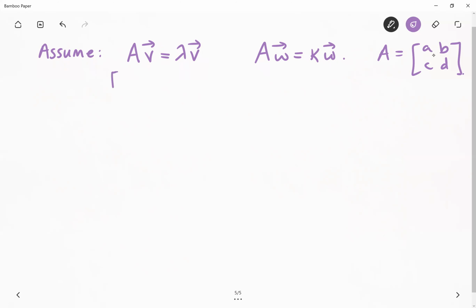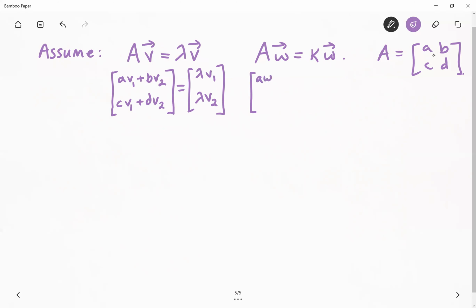This first equation, once we multiply this out, on the left-hand side we have A V1 plus B V2, and the second entry would be C V1 plus D V2. It's equal to lambda V1, lambda V2. If we expanded, that's what we would get. Similarly, the second equation results in A W1 plus B W2 as the top entry, C W1 plus D W2 as the bottom entry, equal to kappa W1, kappa W2.